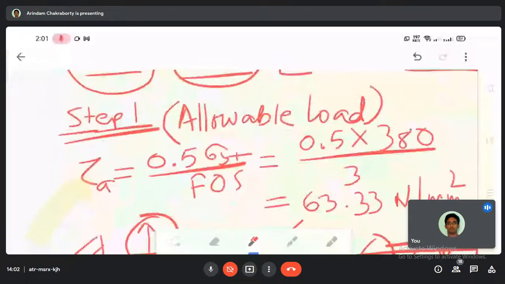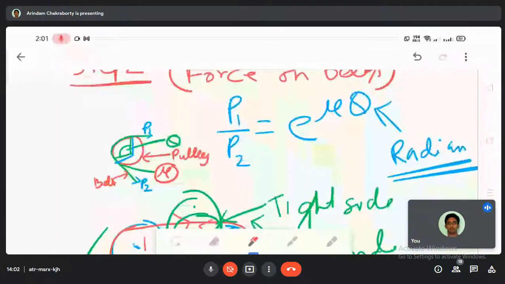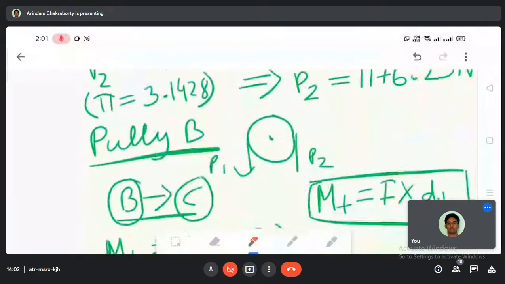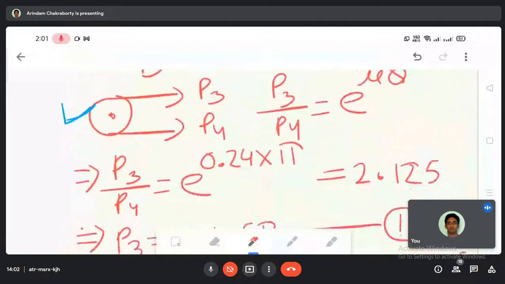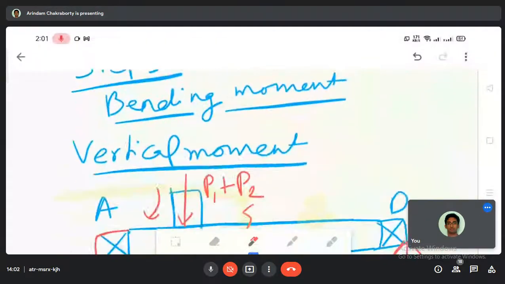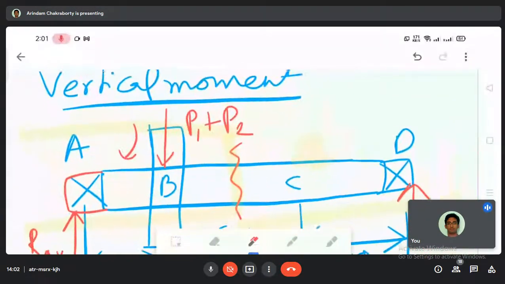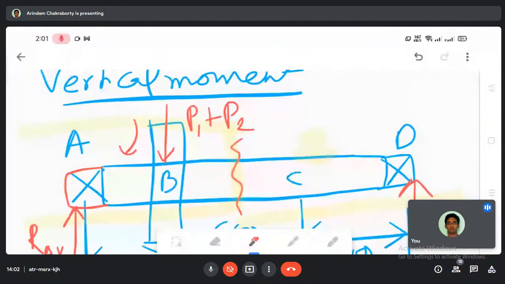I have taken clockwise as negative and anti-clockwise as positive. Since this load is applying a clockwise moment, this moment will be negative, and since RDB goes in the anti-clockwise direction, that will be positive.